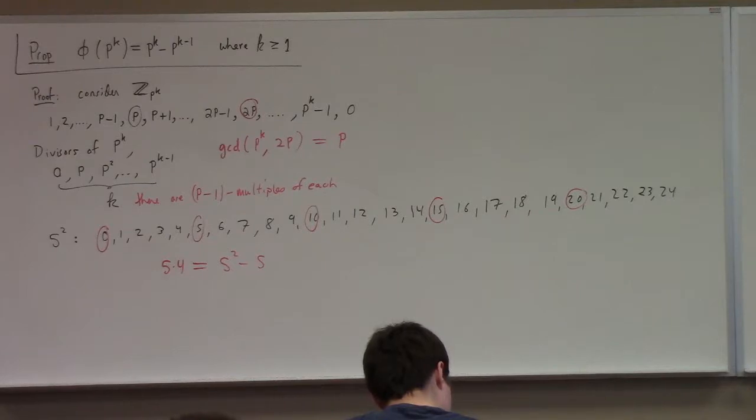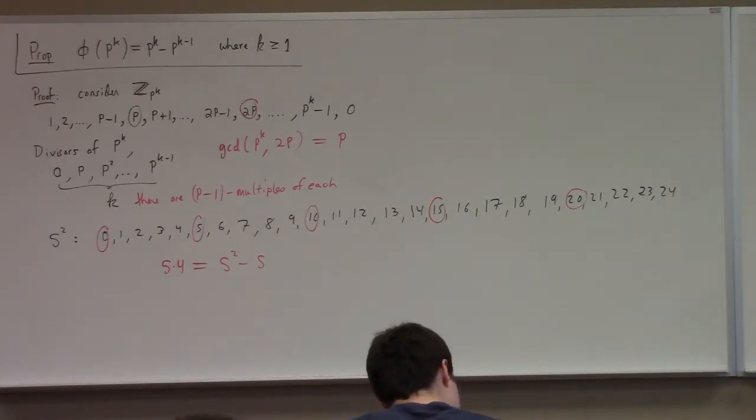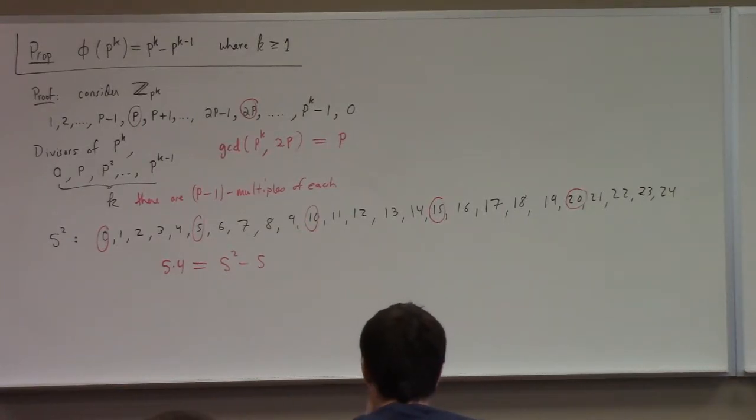And each one of those, I have p minus 1 multiples of each, is that what you're saying? Because every multiple of those higher powers is also a multiple of p, so you really can get away with just counting multiples of p. So it suffices to count multiples of p, huh?